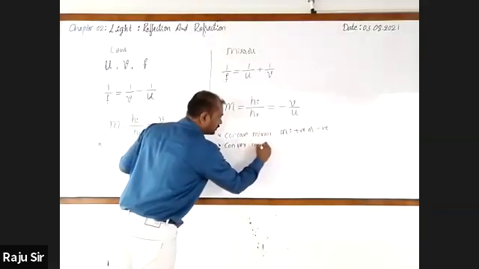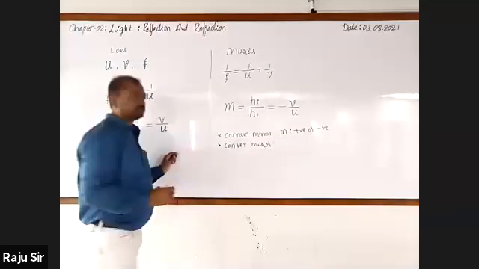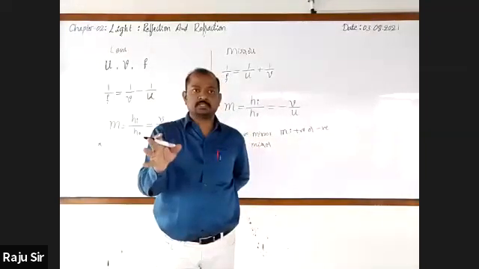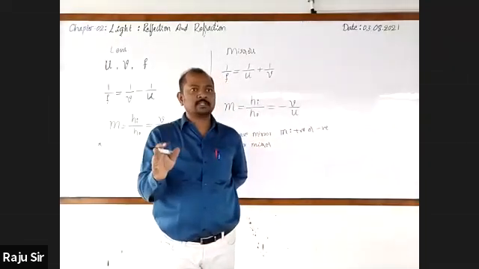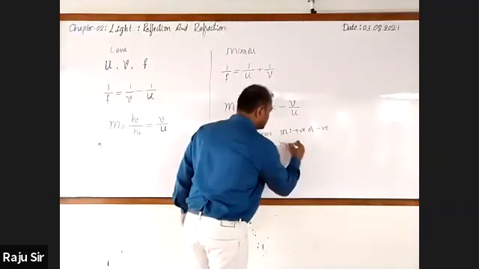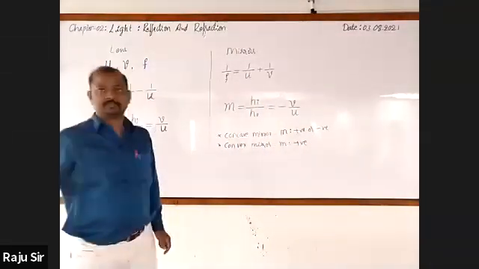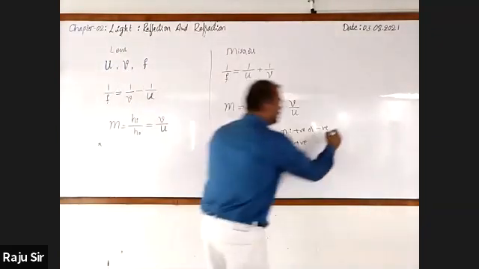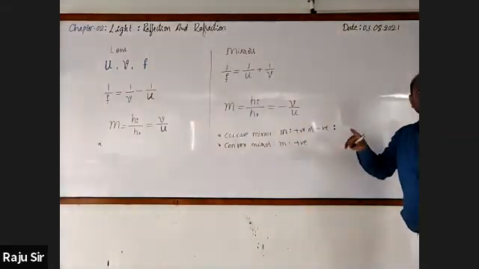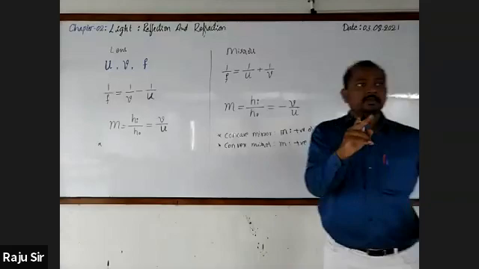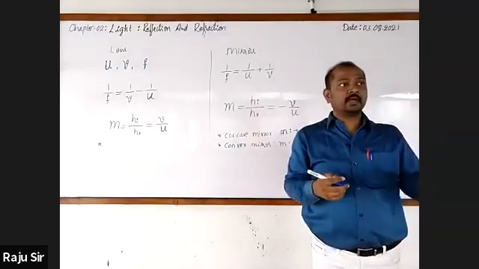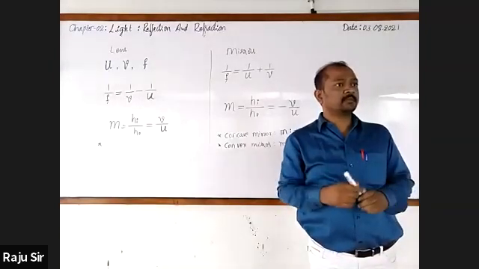Now the convex mirror. In the case of a convex mirror, the height of the object is always positive. The height of the image is also positive because we get only an erect image. Hence, it is positive only. Also, in a concave mirror, the image may be bigger than, equal to, or smaller than the object.